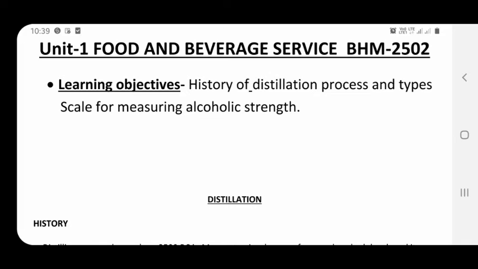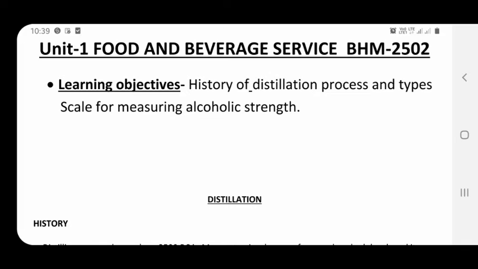Understand the traditional spirits, tequila, absinthe, ouzo, etc. We will also learn the production of liqueurs, and know the flavor, base and color of the liqueurs. Understand the various methods of making cocktails, and the points to consider while making cocktails.